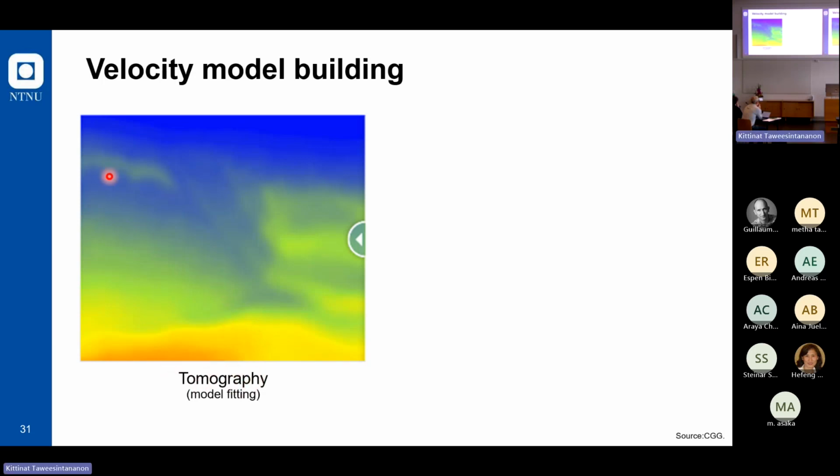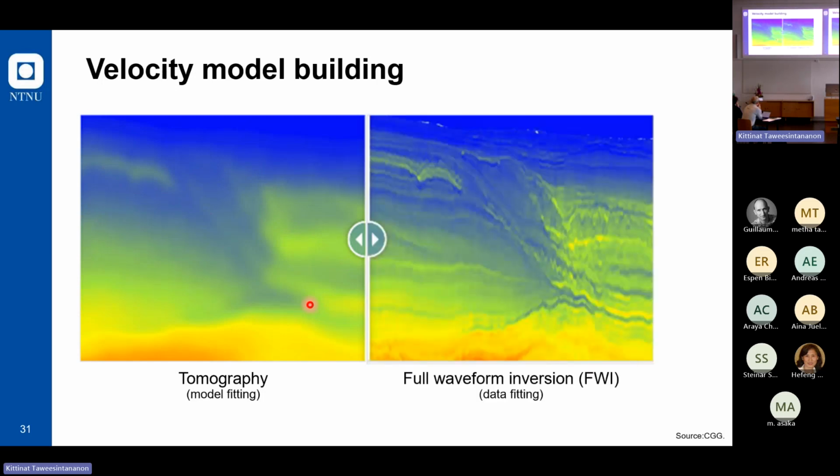The result shows this traditional method gives quite low resolution in the subsurface velocity model, compared to modern techniques like full waveform inversion, or FWI, which is a seismic data fitting method. You try to find and minimize the data residual to produce a high resolution velocity. So we move forward to this technique, but this technique requires a lot of computational power.